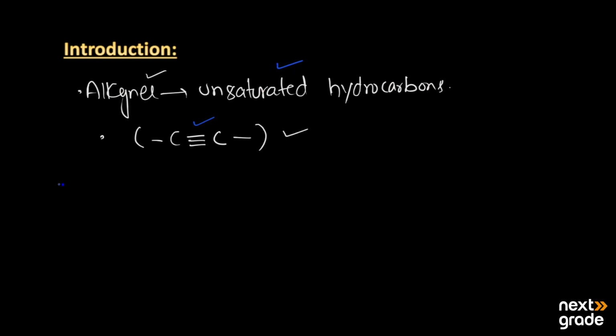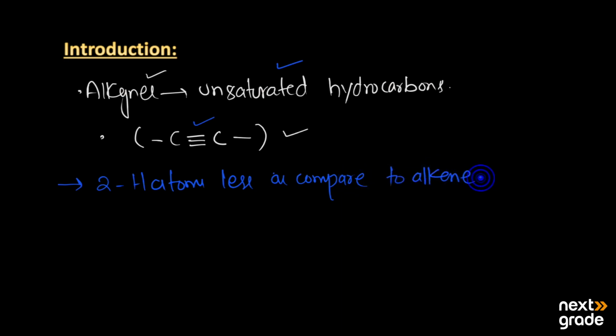They have basically two hydrogen atoms less than the corresponding alkene. So the general formula for the alkynes is CnH2n-2.